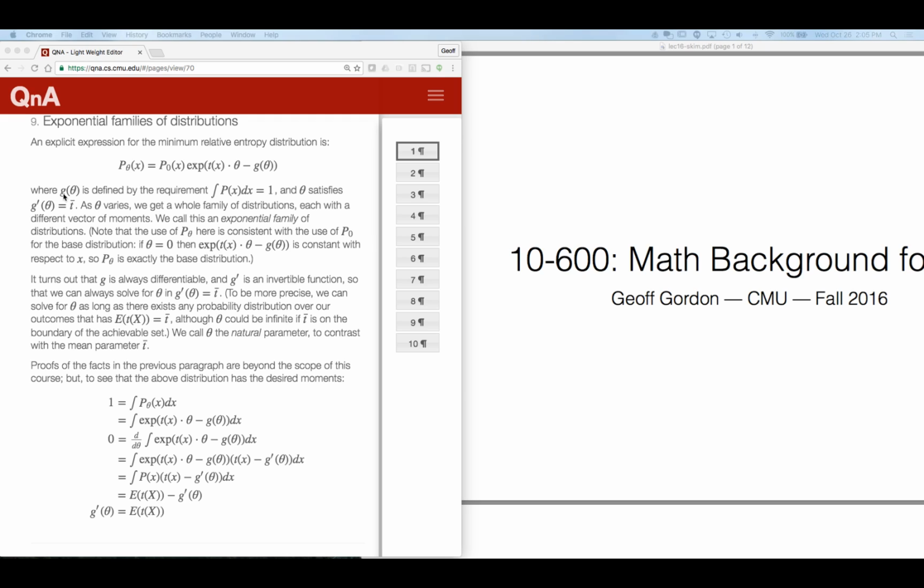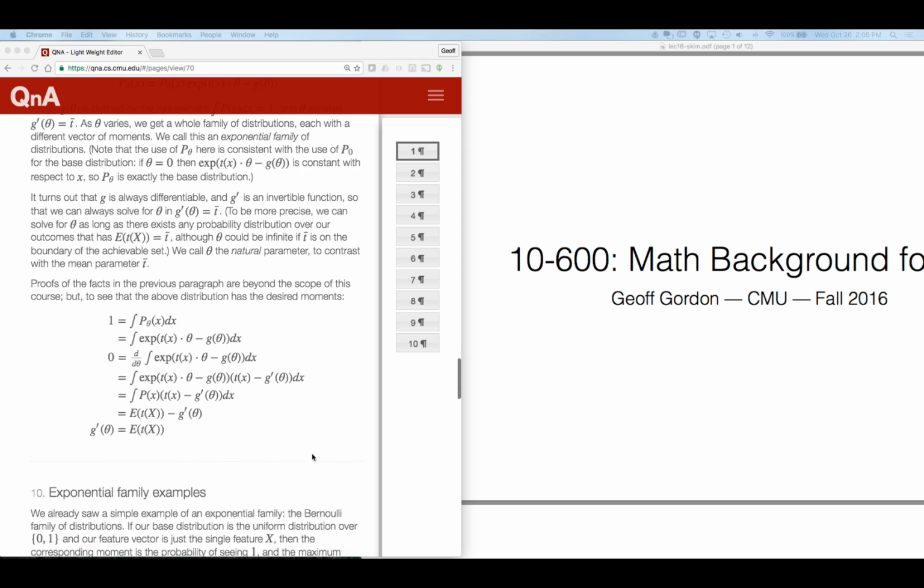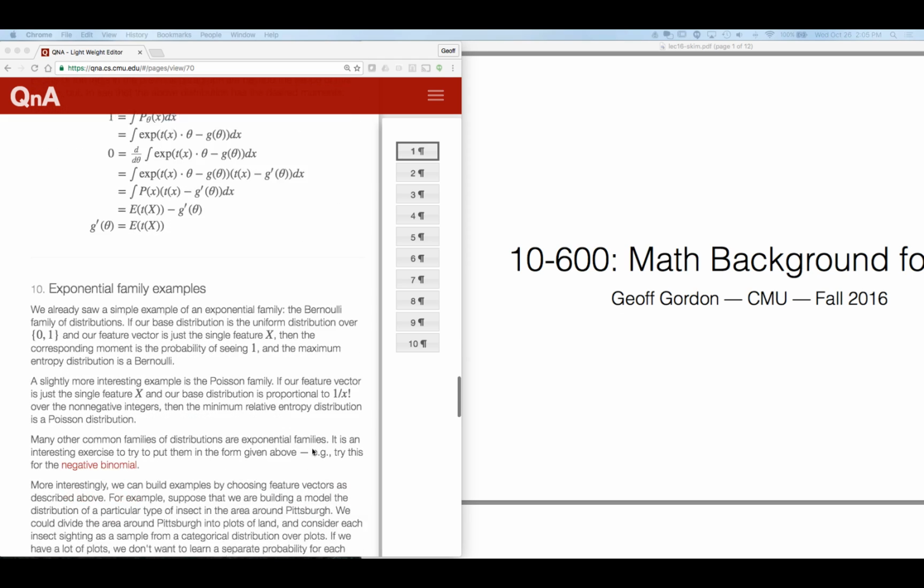The other thing is I'm going to keep on with the lecture notes and talk about some examples of exponential families of distributions. Actually, maybe let's do the examples first. You can always come back and do the derivation.